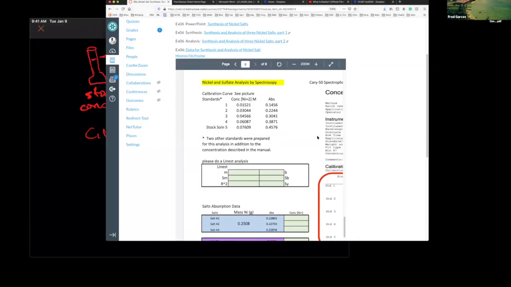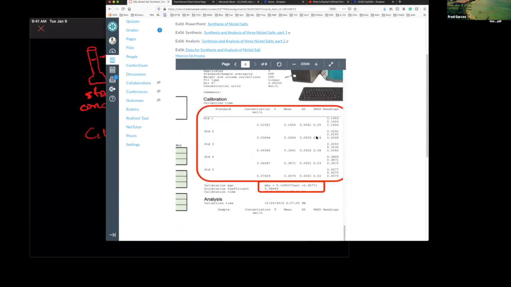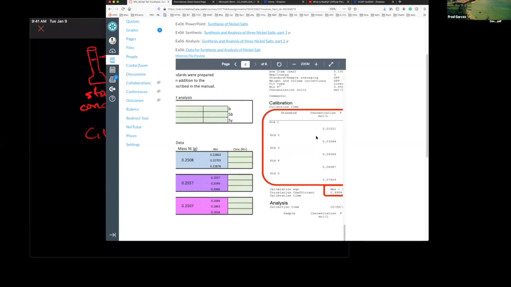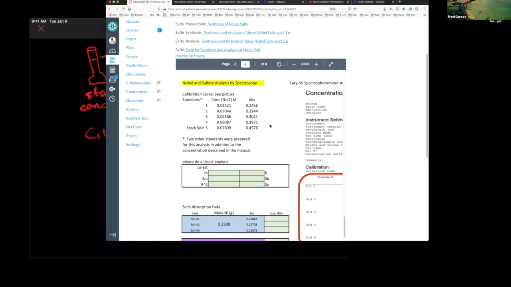The concentration and absorbance. And if you look over here, I don't give you that chart, but you guys should generate the calibration curve using the Excel data that's here. If you download this Excel file, you can just basically generate the calibration curve based on the Excel file.